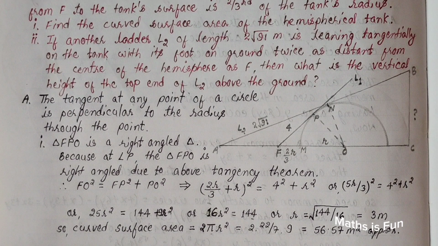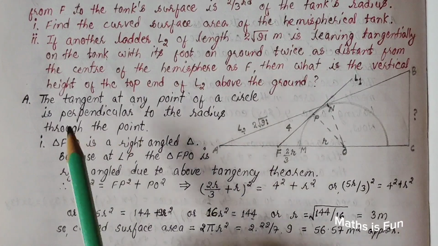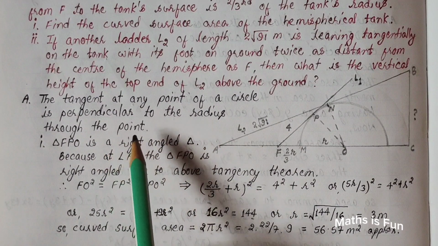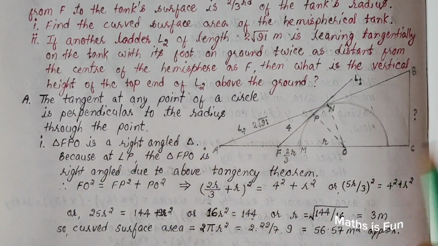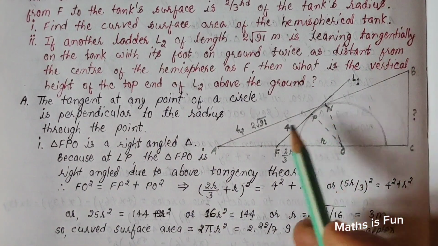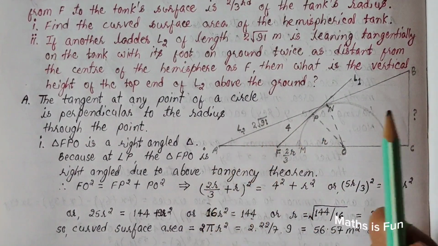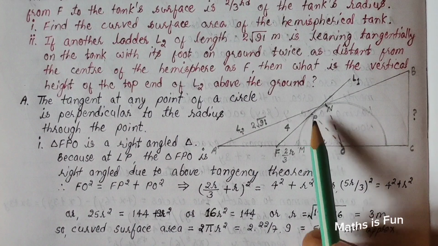So friends, before I start the answer, there is a theorem based on which the question can be answered. The theorem goes like this: the tangent at any point of a circle is perpendicular to the radius through the point. This means that if there is a circle and a line, and they come in contact, there is only one point at which they touch each other.